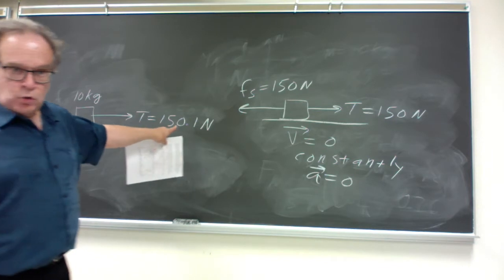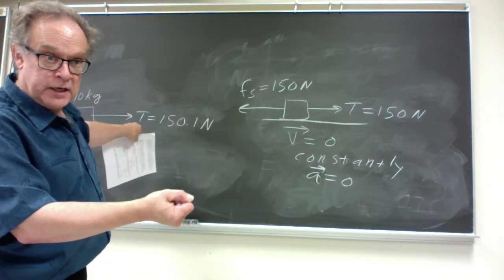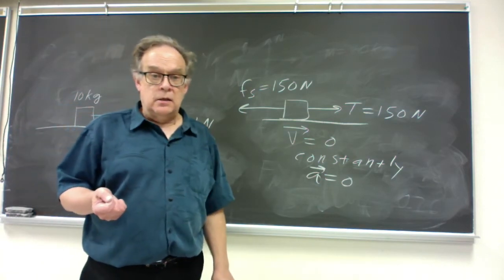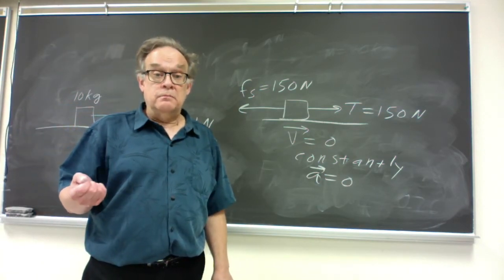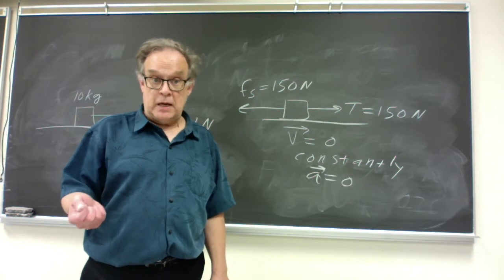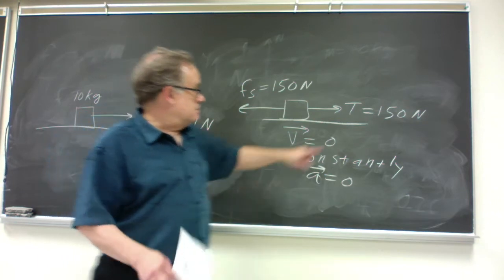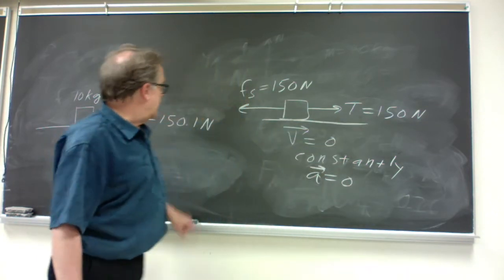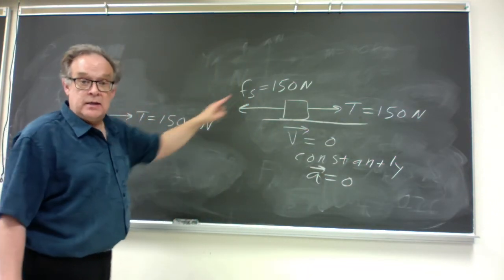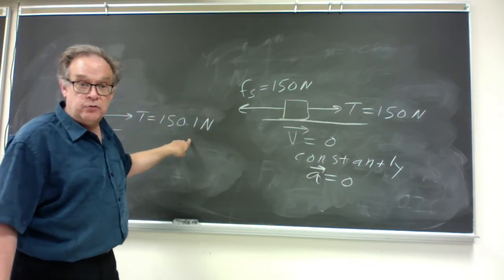That means now, since I am able to accelerate the crate, the static friction force can no longer match my force. The static friction force can get this big, but it cannot get this big. It can match and cancel out that force. It cannot match and cancel out that force.